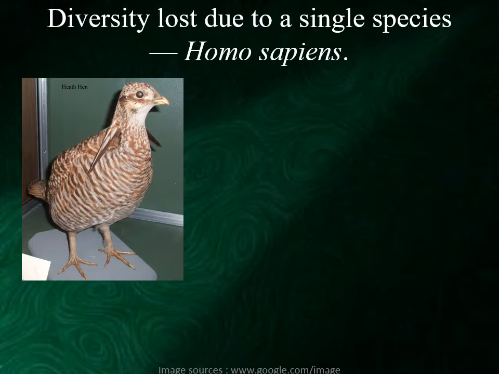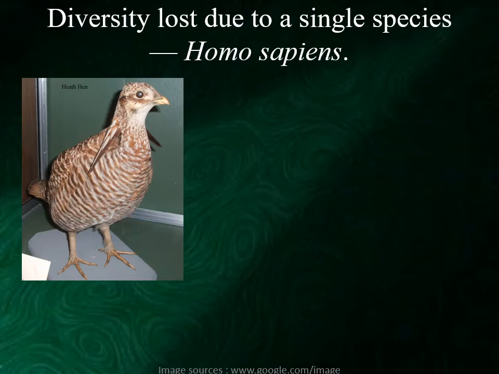At the end of the 19th century, the numbers became almost 200 individuals, and around 1916 the last individual heath hen was reported in the world.